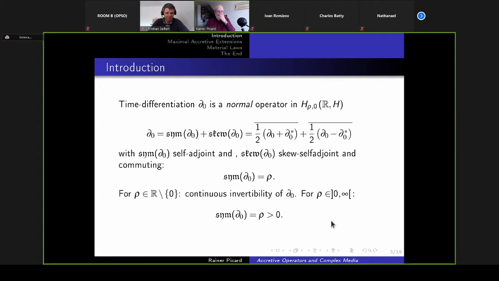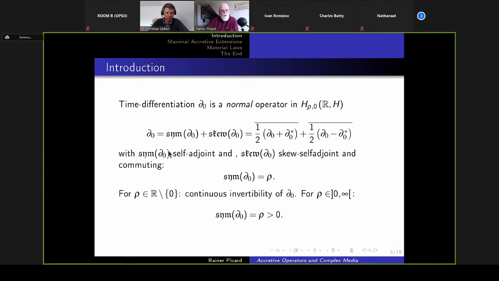So in this setup, it turns out that the time differentiation is a normal operator in this space. And normal operators can be split into symmetric and skew-symmetric parts, which I've spelled out here. Actually, the bar can be dropped here and in this sum notation, even in this location. But leaving that aside, we have a symmetric part and a skew-symmetric part.